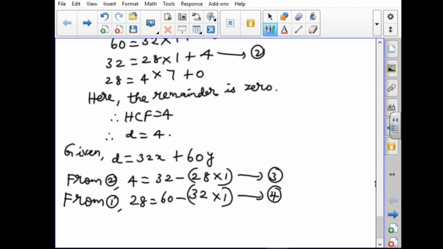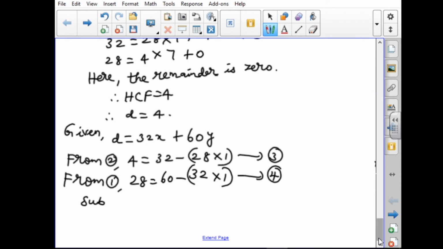Now we have to get the other two equations. From the second equation you keep the 4 and bring the other numbers to the other side. From equation 1 we keep 28 as it is and bring the other numbers to the other side. Now substitute equation 4 in 3.